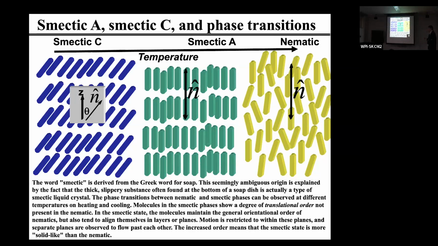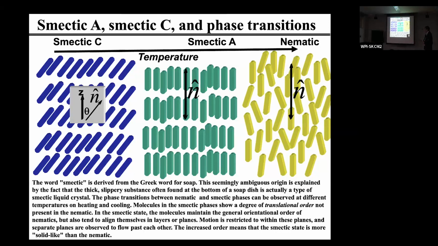oftentimes at low temperatures, we would have a crystalline solid. So somewhere here at low temperature, there would be perfect positional ordering and orientational ordering. But as you would increase temperature, you would perhaps melt it in stages.